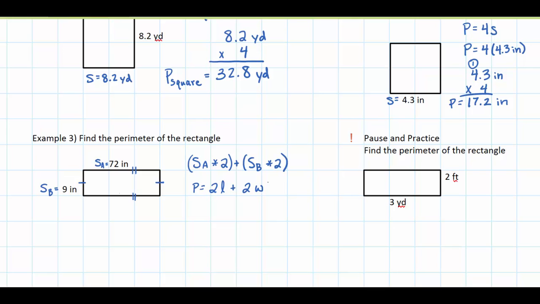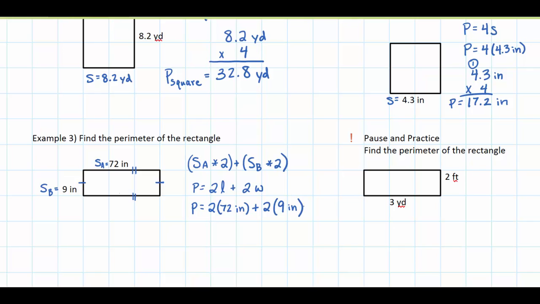It doesn't matter which one we call the length and which one we call the width, as long as we define each. So let's say side A is the length. So we have 2 times 72 inches, and we'll call side B the width, plus 2 times 9 inches.